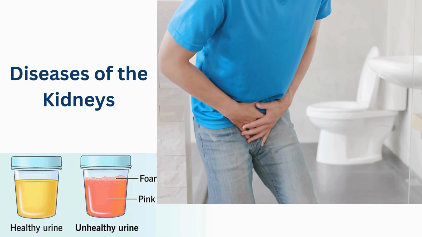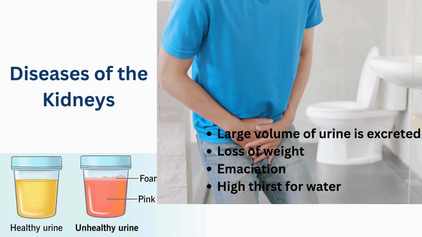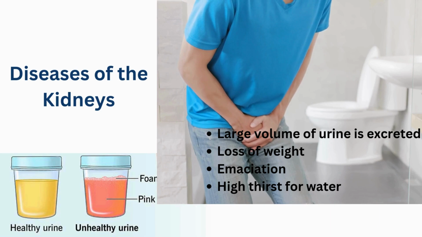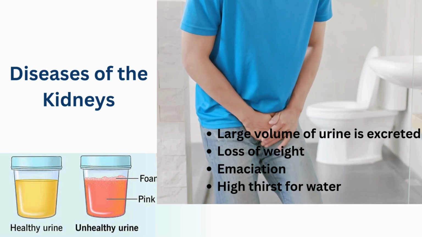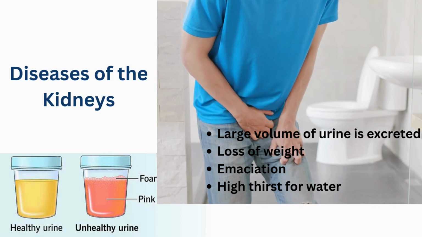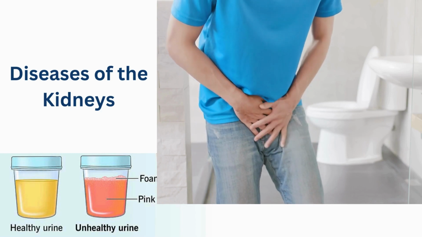The effects of this diuresis include excretion of a large amount of urine and loss of weight. It also leads to emaciation, and there is high thirst for a lot of water. Let's look at nephritis.